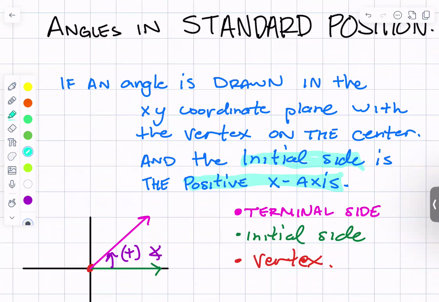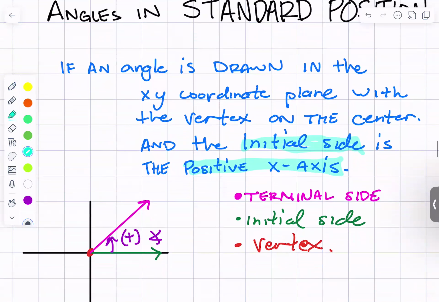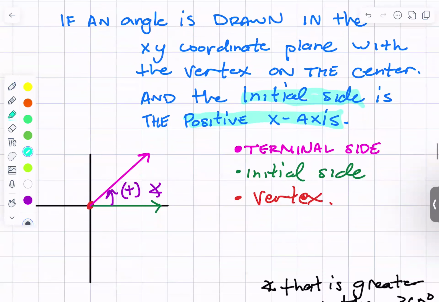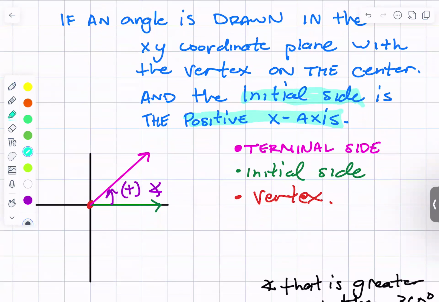So I drew an angle in standard position right here. The green is the initial side. The hot pink is your terminal side. The red dot is your vertex. And that is your angle.